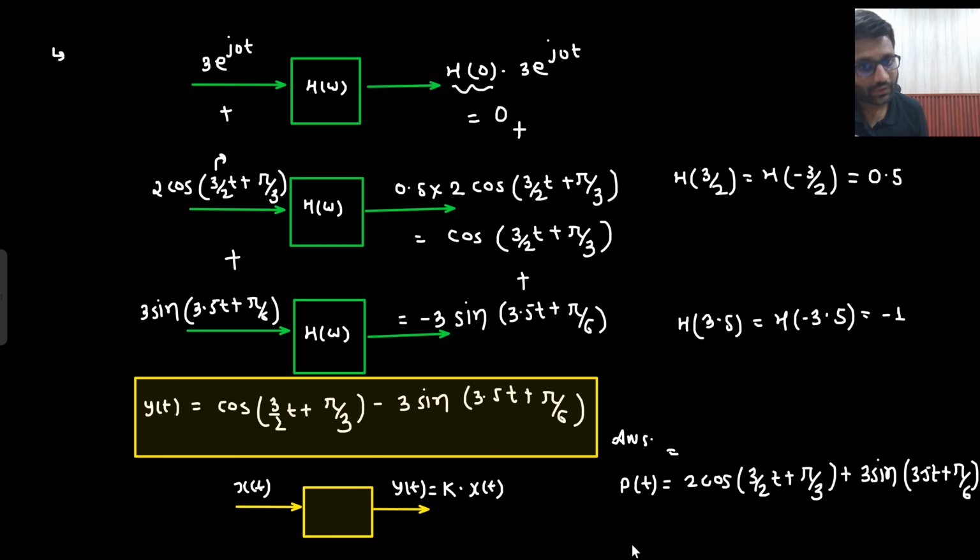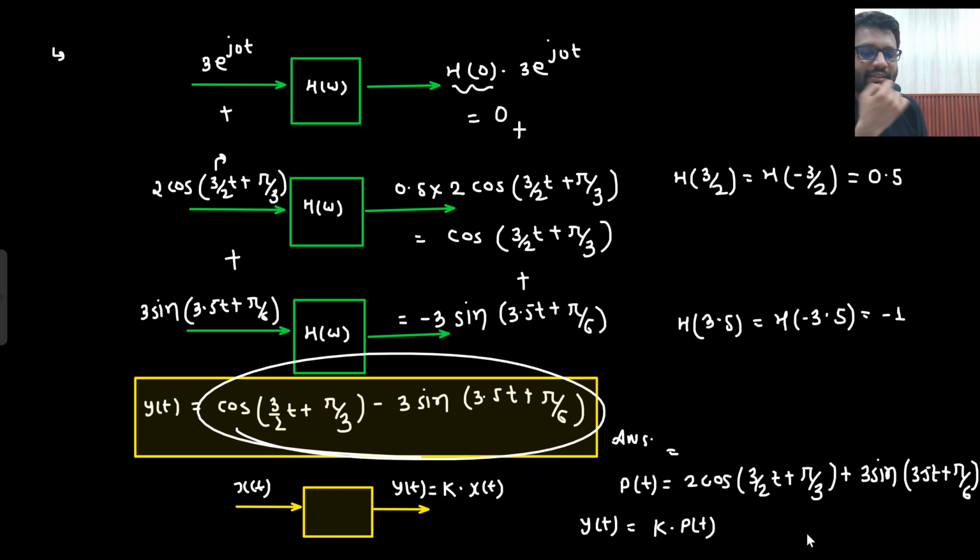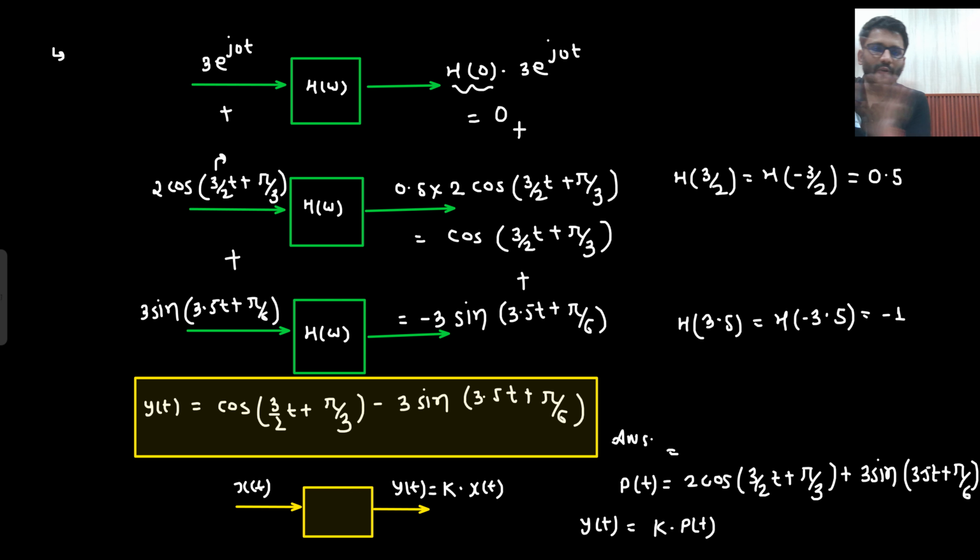If it was an eigenfunction, then the output would have been k times p(t). Whatever factor this cosine is multiplied by, the same factor the sinusoid has to be multiplied by as well, no? I should be able to take something common and get x(t).